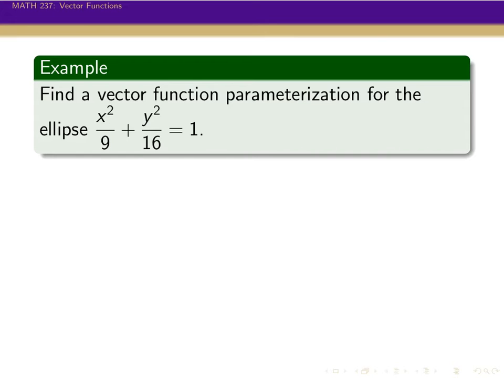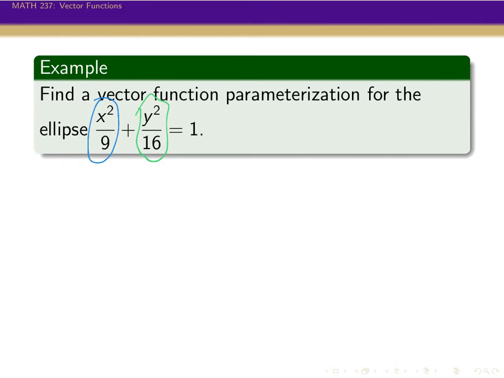Well, in this one, we're going to start off with this here, and we're going to translate it into sines and cosines. Right, and so you can kind of see here I have x squared over 9, so that's something squared, plus something else squared equals 1.